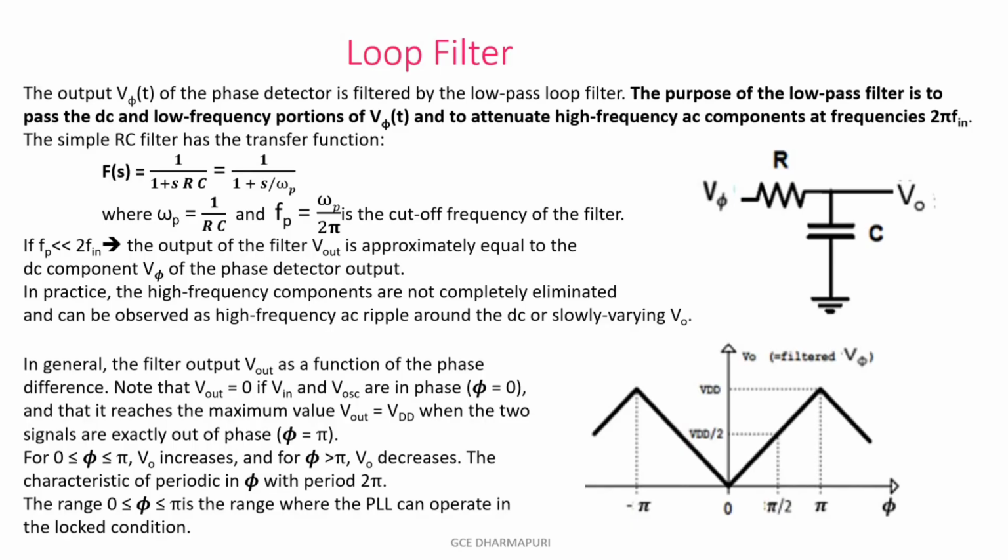The characteristic is periodic in phi with period 2 pi. The range 0 less than or equal to phi less than or equal to pi is the range where the PLL can operate in the locked condition.